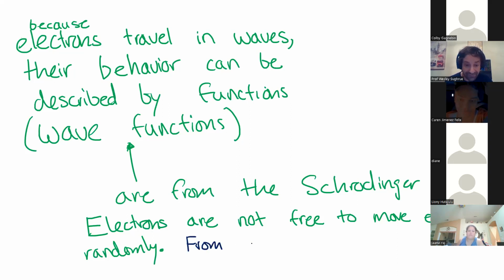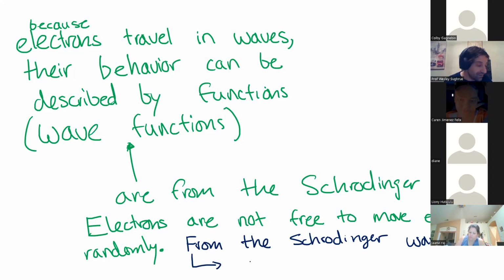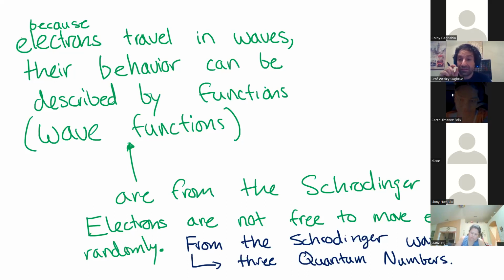And from the Schrodinger wave functions, we get three, what we call quantum numbers. Okay, three quantum values, three quantum numbers arise, become available to us, from these functions.